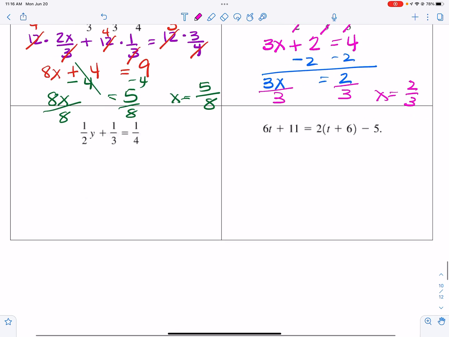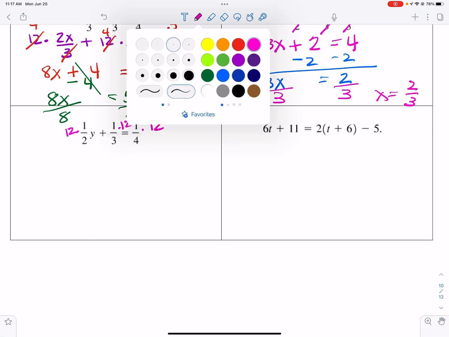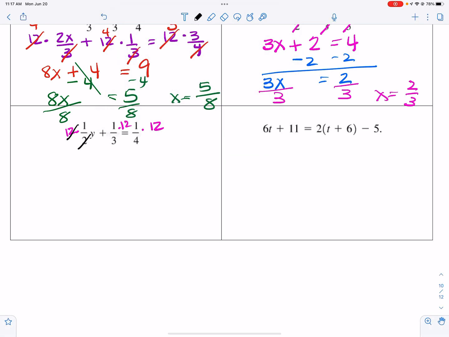All right, one more before I end this video, and we'll pick up on the next one. Is this one, my LCD in this case is going to be 12. The lowest number that 2, 3, and 4 divide into is going to be 12. So I am going to write a little 12 by all terms. And so 2 goes into 12 and leaves 6, and 6 times 1 times y is 6y. 3 goes into 12 and leaves 4, and 1 times 4 is 4.